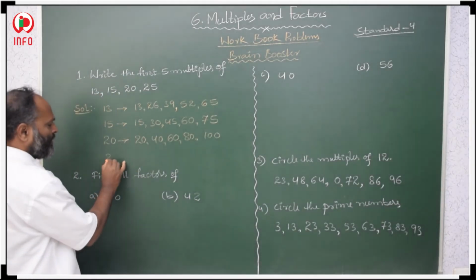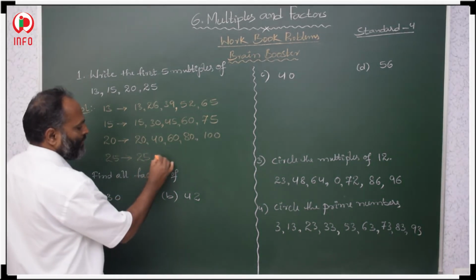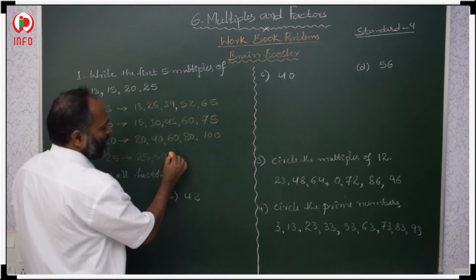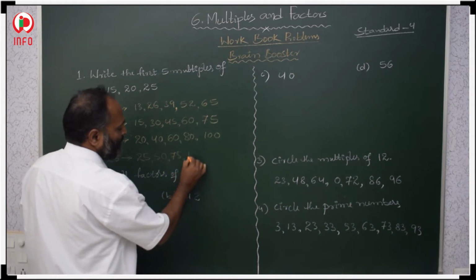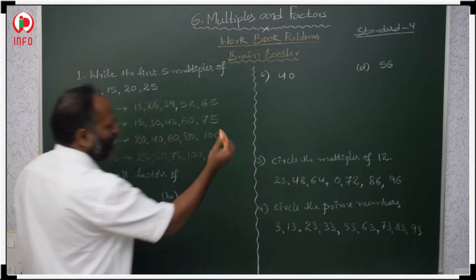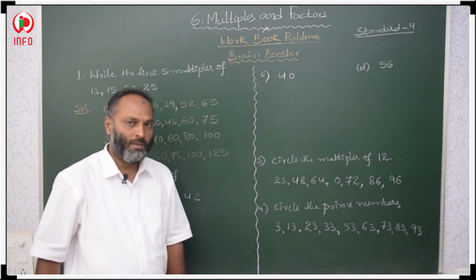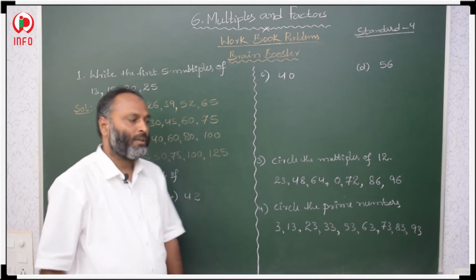Next 25, first 5 multiples: 25 ones are 25, 25 twos are 50, 25 threes are 75, 25 fours are 100, 25 fives are 125. In this way we have to write the first 5 multiples of the given number.